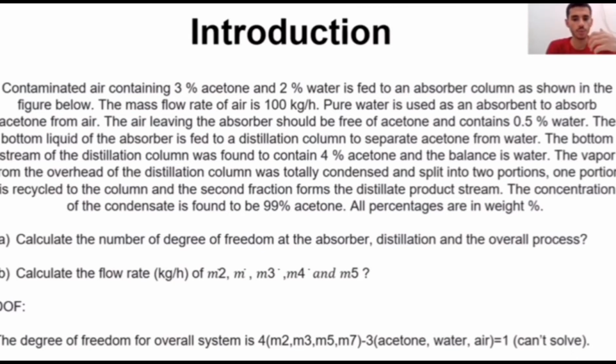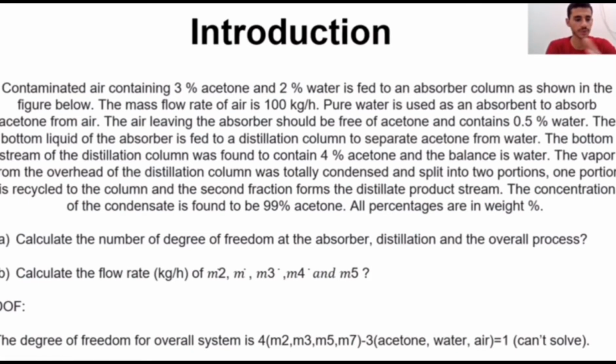And then we will calculate the air balance and the acetone balance in preparation for calculating the degrees of freedom at both absorption, distillation, and the overall process for question A.